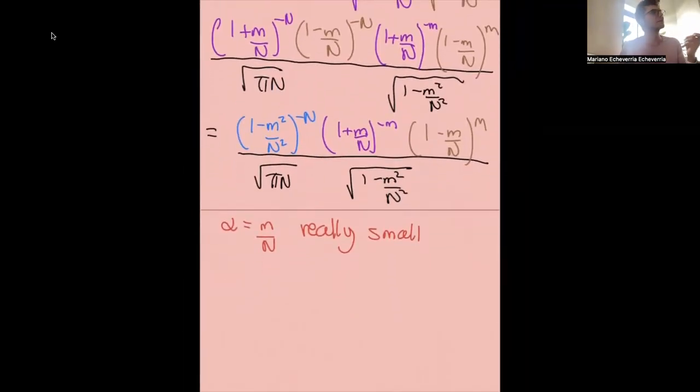We did this once on the birthday problem, a long time ago. You can use the approximation that e to the alpha is 1 plus alpha, or e to the minus alpha is 1 minus alpha. So I'll apply that to each of these terms.